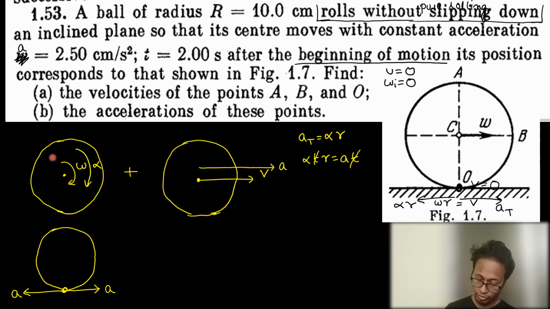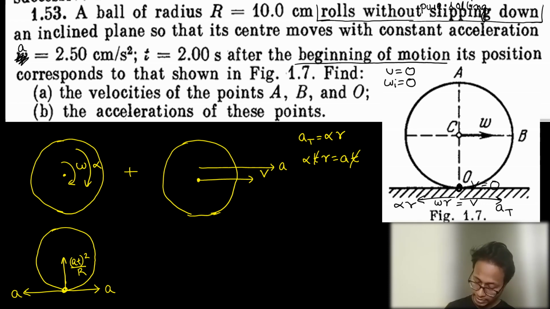Now whenever a body is rotating, there is another acceleration called the centripetal acceleration, which is given by v square by r, and v is nothing but a into t. Why? v is equal to u plus at, and u was equal to 0. So the centripetal part of the acceleration is nothing but (at) whole square by r.